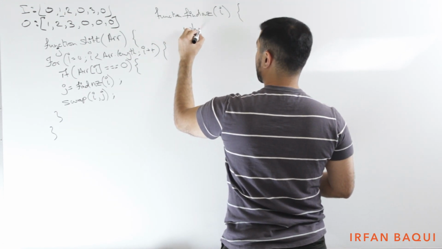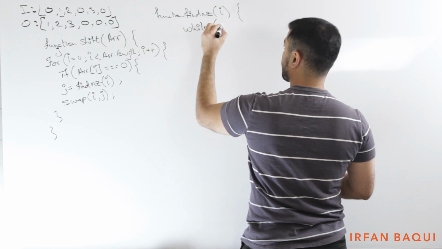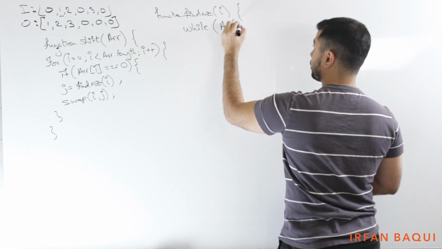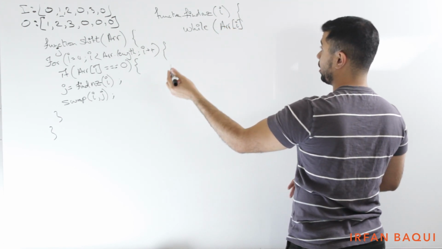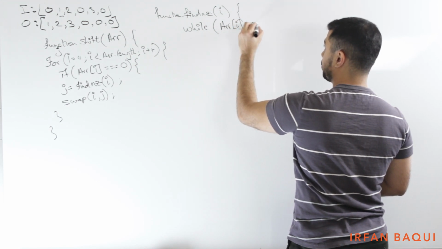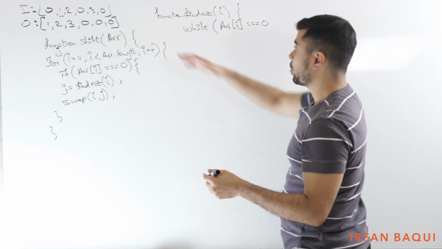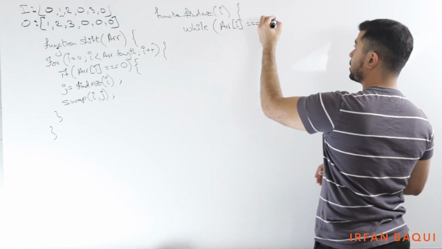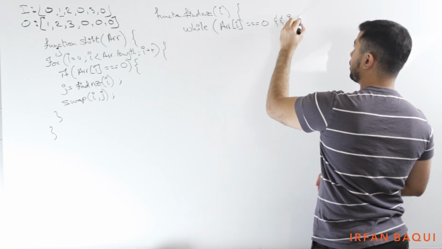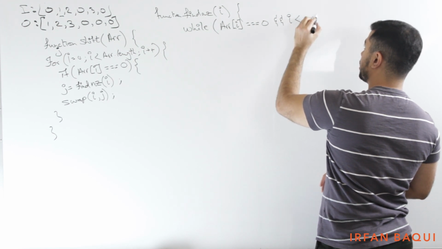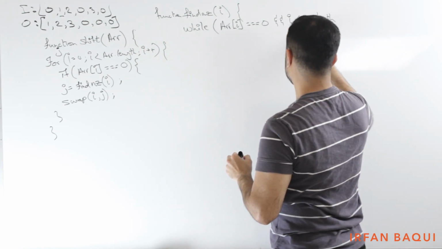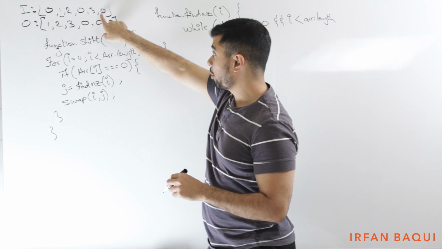So while array[i] is equal to 0, you keep looping, right? But at the same time, we don't want to go out of bounds. So we'll say while array[i] is equal to 0 and i is less than array.length. But if I have i is less than array.length, then it will stop at the end, right?